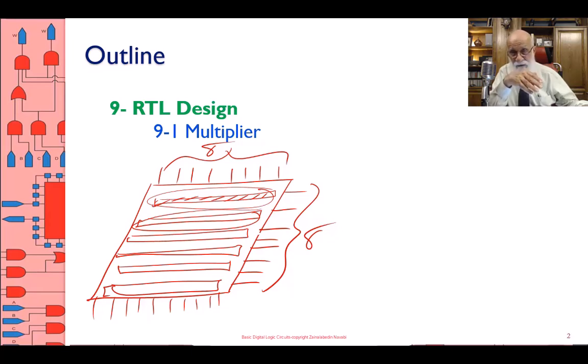Why not use one adder and take the result, and then on the next clock reuse that adder and do the next cycle? Instead of what I'm showing here, which is combinational and done within one clock cycle, I will be doing it in 8 clock cycles, first one, second one, and so on.